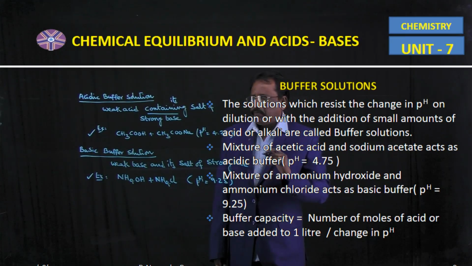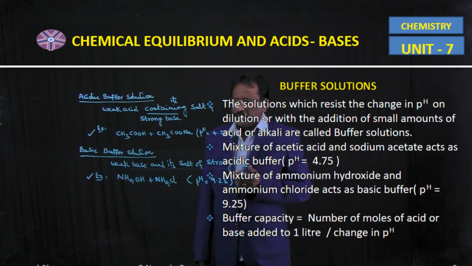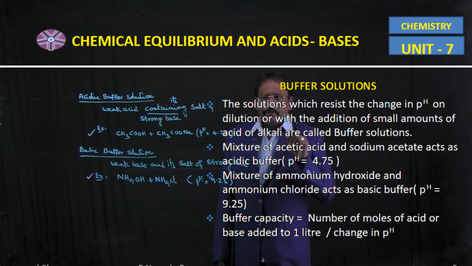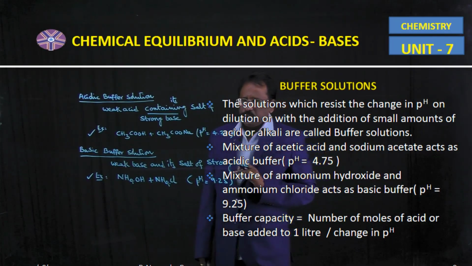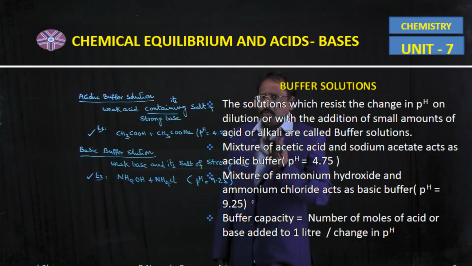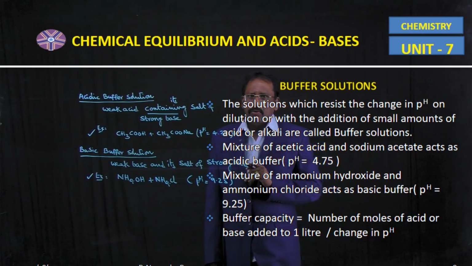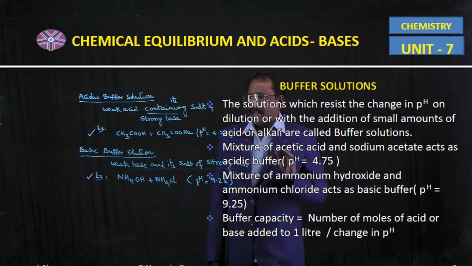So buffer capacity is more means buffer action is more. The formula used to calculate buffer capacity is number of moles of an acid or base added to 1 liter of the buffer solution divided by change in pH. The ratio between these two is equal to buffer capacity, that means buffer action.